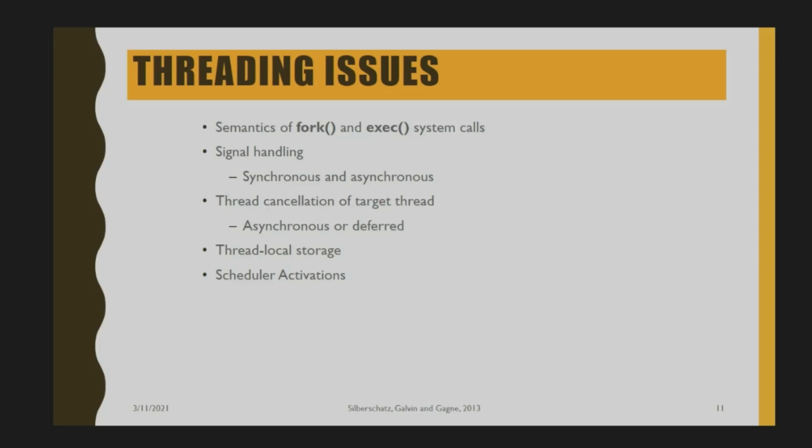When you have a thread running and you click on the cancel button, we need to terminate that running thread. If multiple threads are concurrently searching through a database and one thread returns the result, the remaining threads might be cancelled.